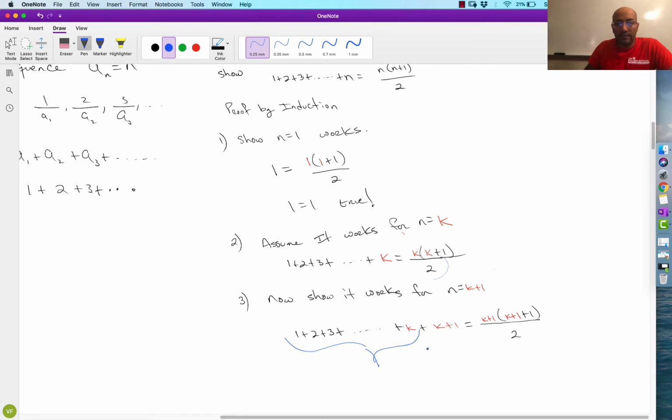So then we get to insert k times k plus 1 divided by 2, and then there's still a k plus 1 out here, plus that is equal to this, right?